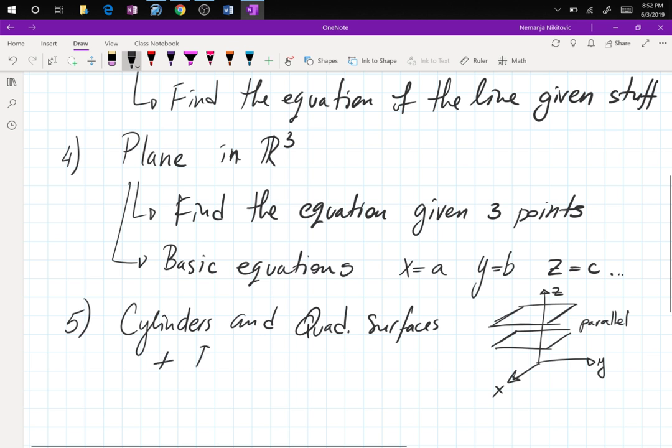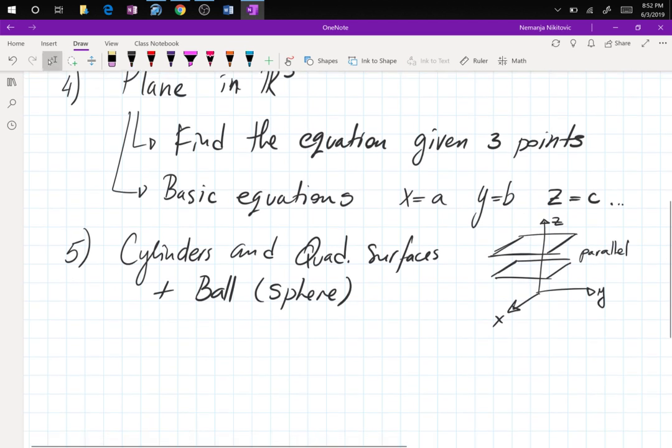And I'll add the ball over here, or the sphere. This could be one of those multiple choice questions to match the shape to the equation, or match the equation to the shape. I give you a few of those and you match them, right?